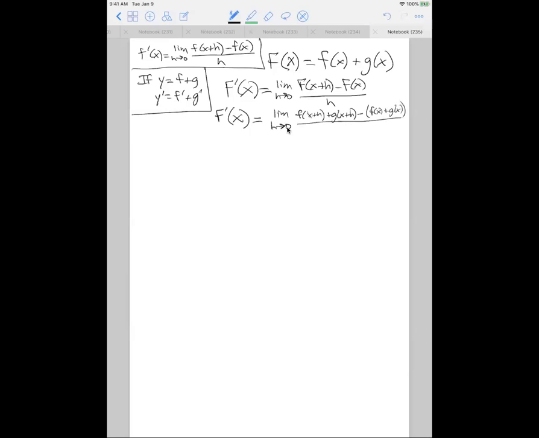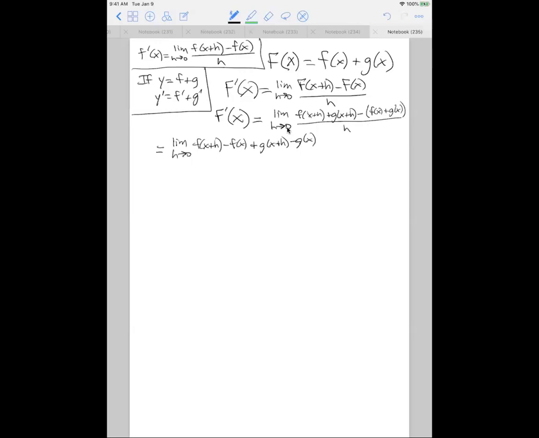over h. And now if we distribute that subtraction up on top, notice what you end up with there. We've got the limit as h goes to 0 of f of x plus h minus f of x, plus g of x plus h minus g of x.